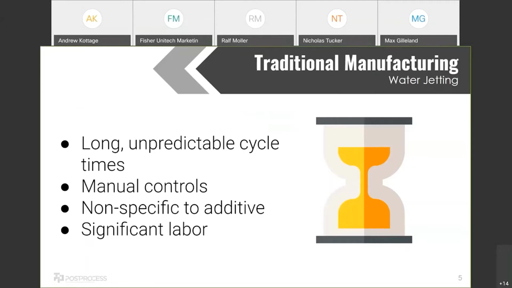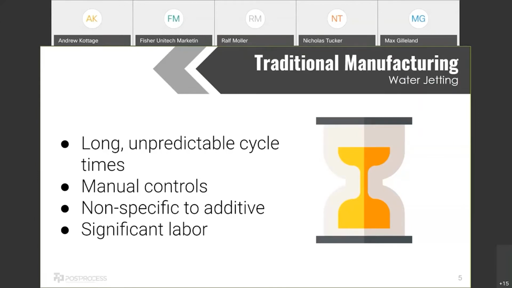And then again, it was never really designed for additive. It's not specific to additive, which allows for a bunch of opportunity. What considerations were overlooked in developing that solution to be able to post print? Then of course, significant labor. If you want to scale, it's really a matter of adding more machines and adding more people to operate those machines.